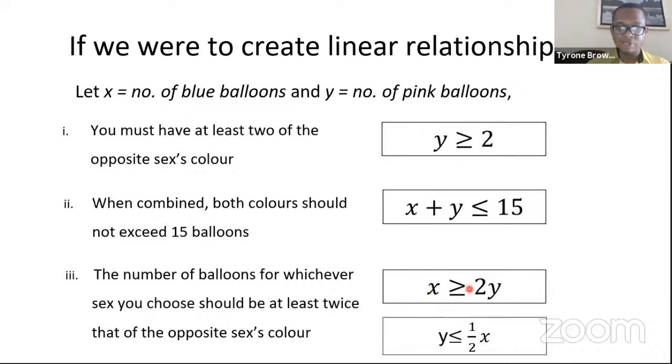We change the order of the sign and we just exchange the direction of it. So instead of saying x is greater than or equal to 2y, we could have written it in terms of y. This would be the same statement as this.